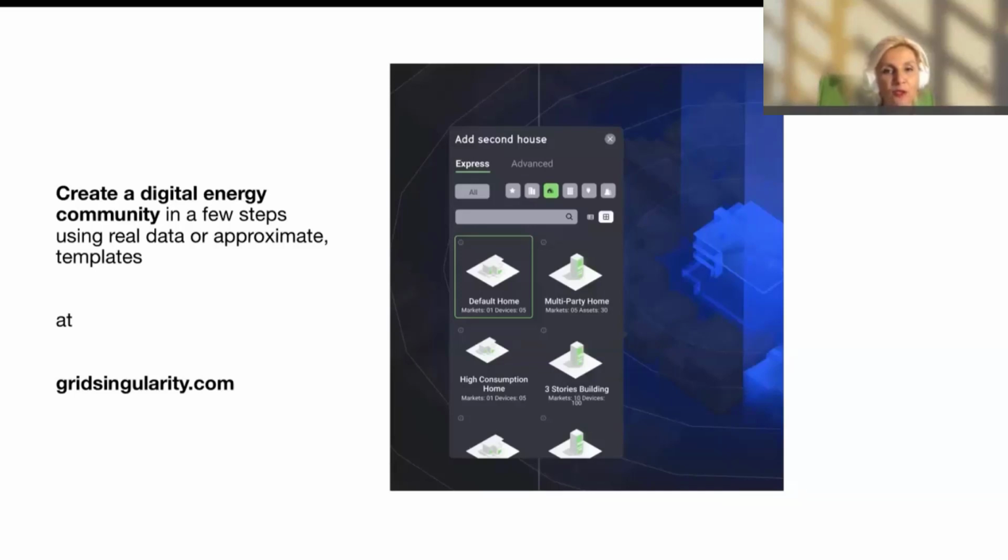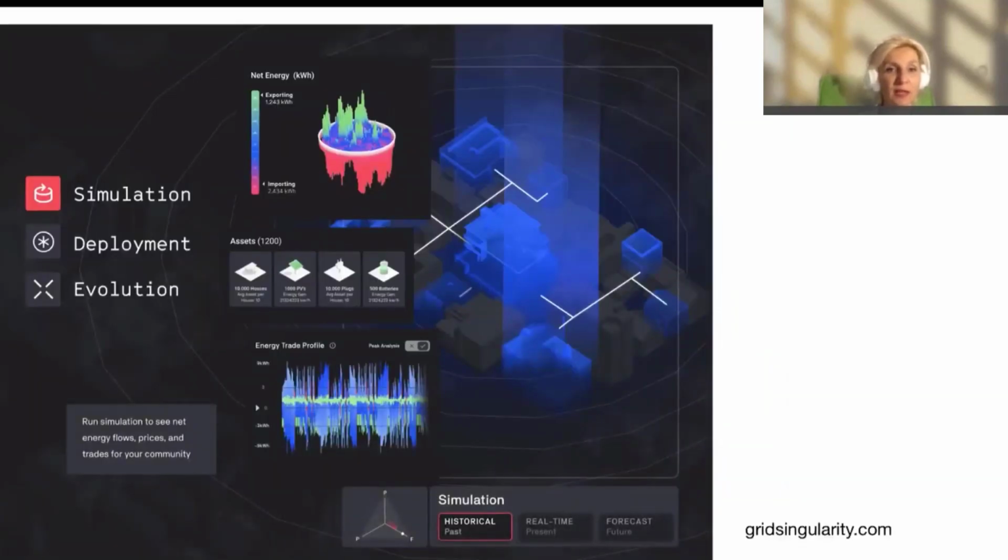And what is interesting about our approach is that the same simulation software actually works in real life, and therefore once other aspects are ready, you can just deploy. And this is the next step.